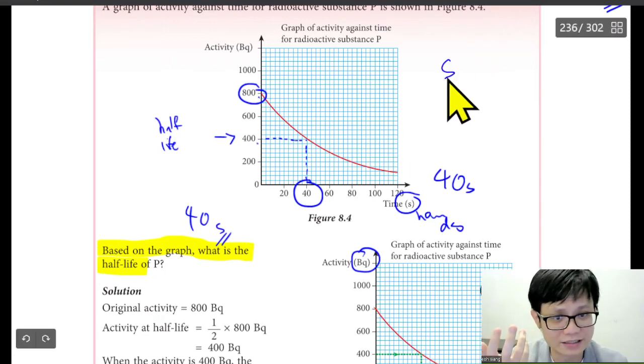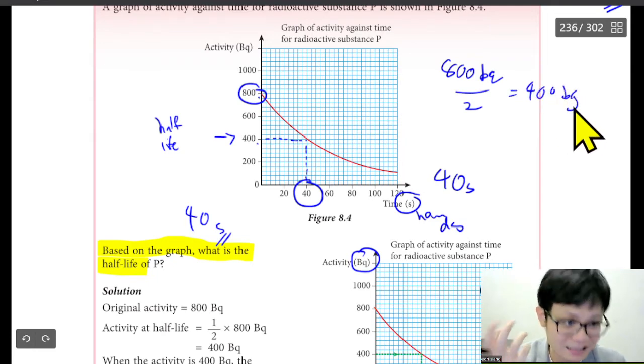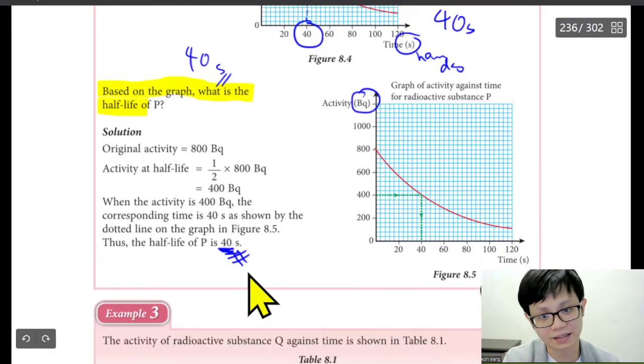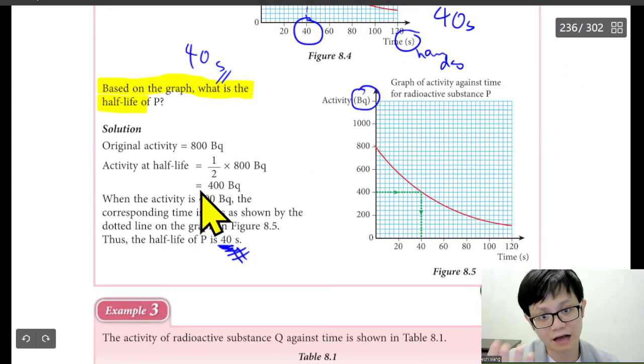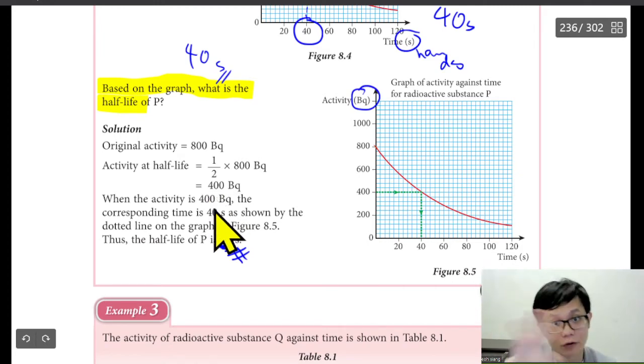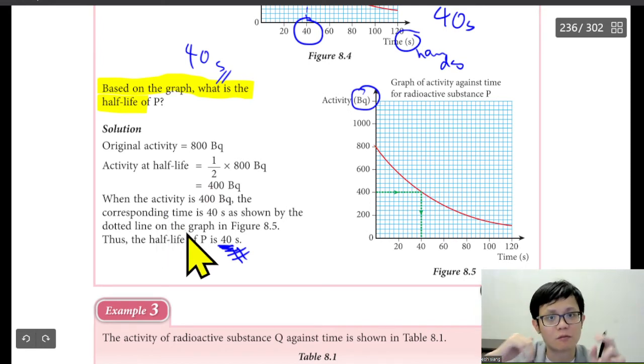At least you write something like this: 800 Bq divided by 2 gives 400 Bq. But this is better: half times 400. Just write something when the exam has more marks. Usually 1 mark means you don't need to do anything, just write the answer. If 2 marks or 3 marks you need to show working or write the formula.